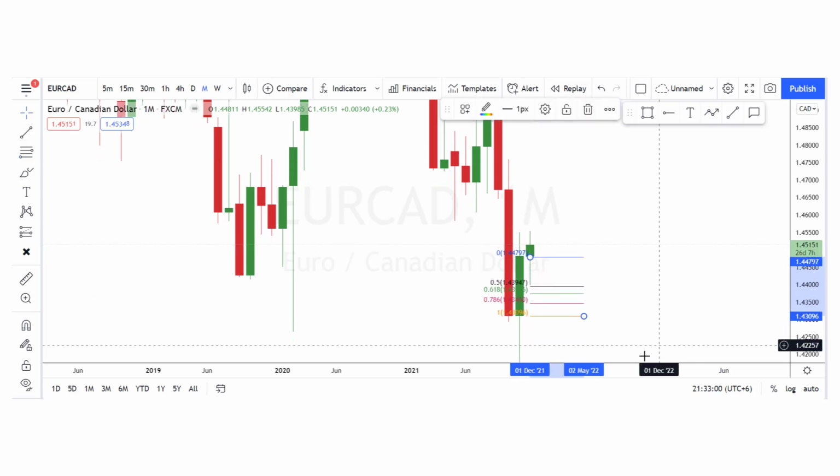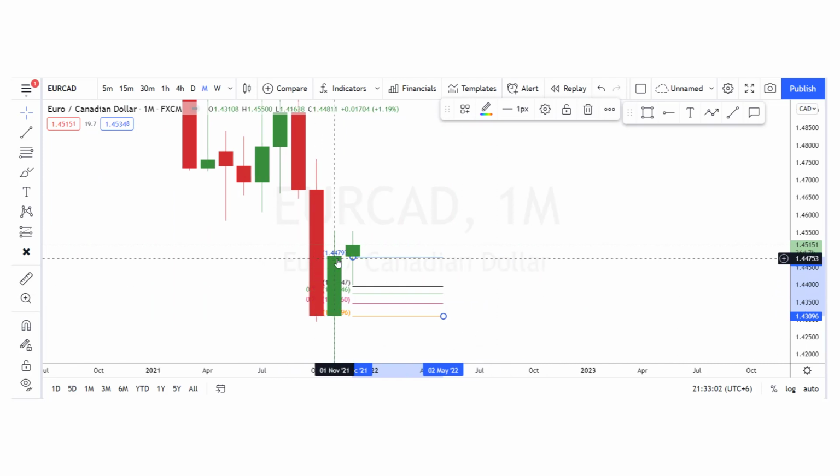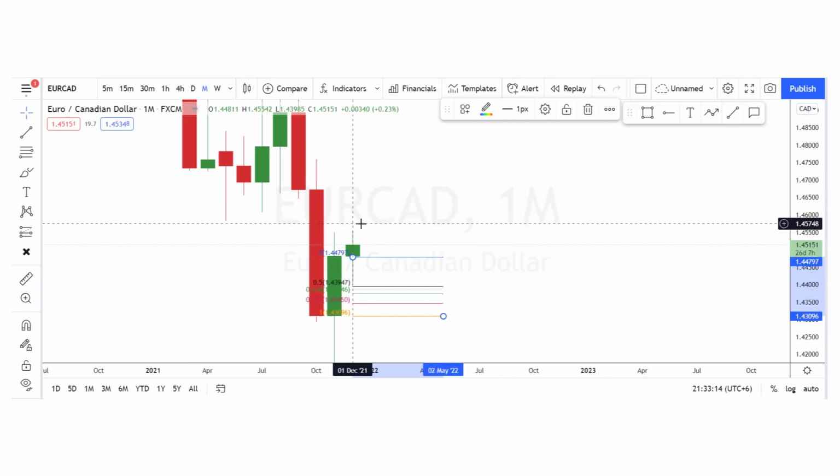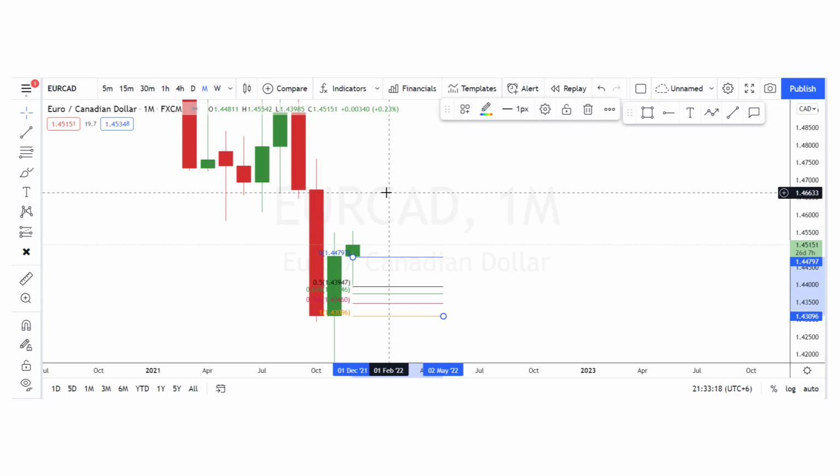Now if we look closely, you can see that this wick actually touched up to this 50% area and then gave a pullback. So overall, from the monthly structure, we are getting a kind of bullish confirmation or a kind of bullish vibe. So let's move on to the weekly time frame for further analysis.